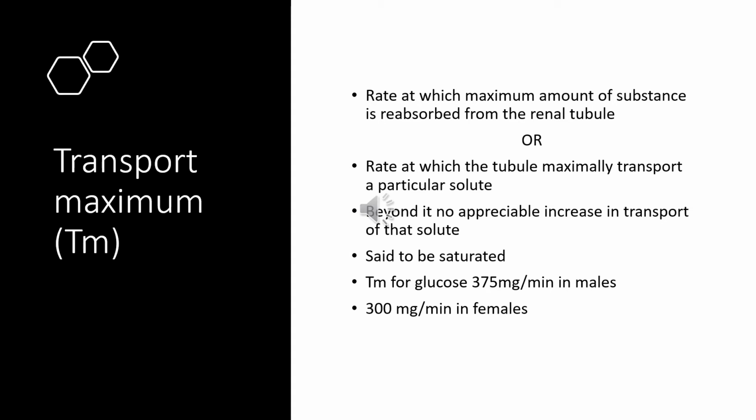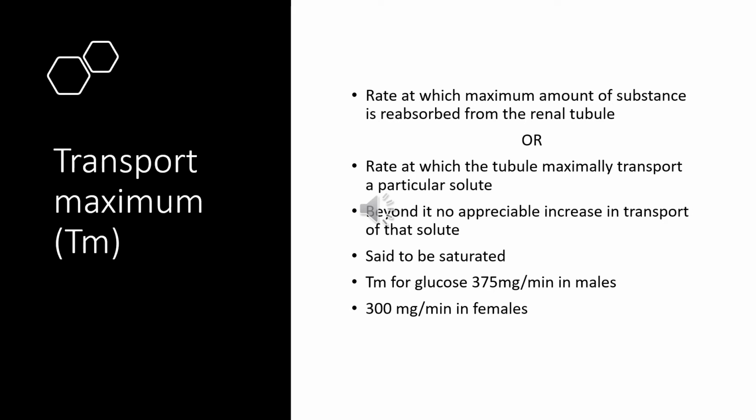Beyond that limit, it cannot further increase the rate of transport of that substance, however high the concentration of that solute is. So whenever the concentration of the solute in the tubular fluid is more than the TM, the transport mechanism becomes saturated and that particular substance will appear in the urine. So the effective reabsorption of that substance is affected.